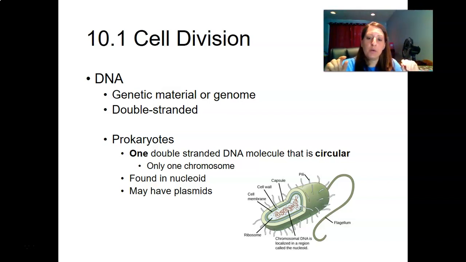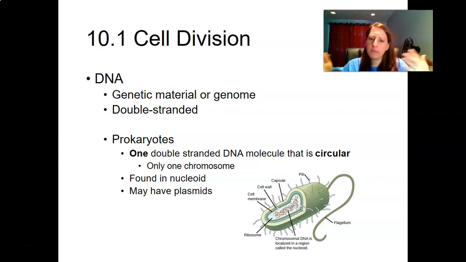Those plasmids are not required for the bacteria in general. However, the plasmid may carry some pretty cool genes that might help the bacteria survive or grow or really excel at living in particular environments.